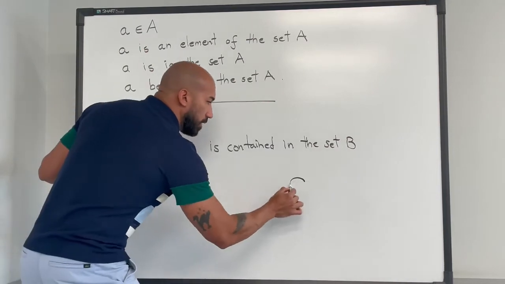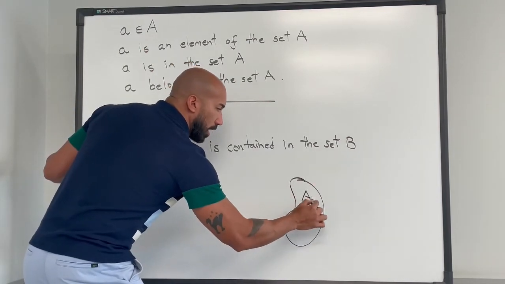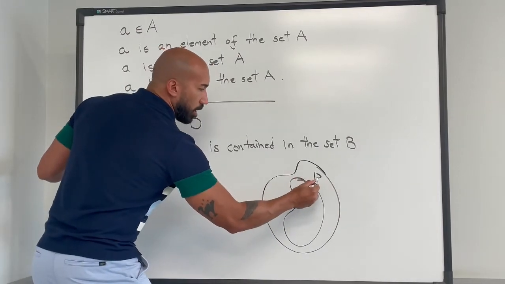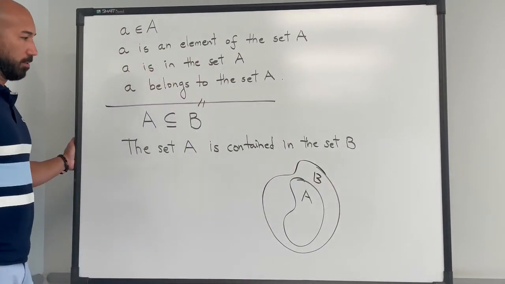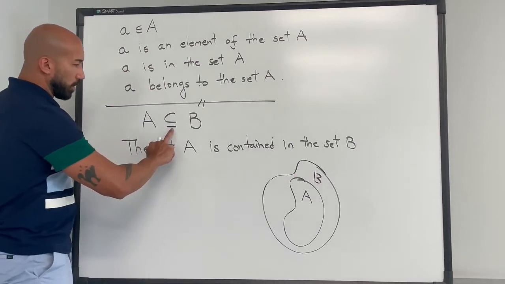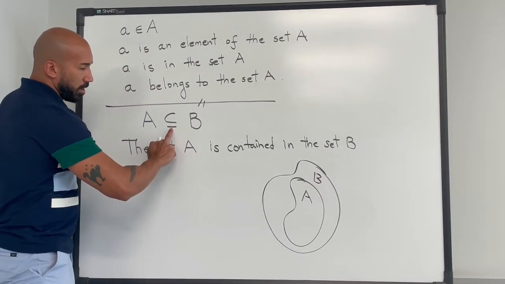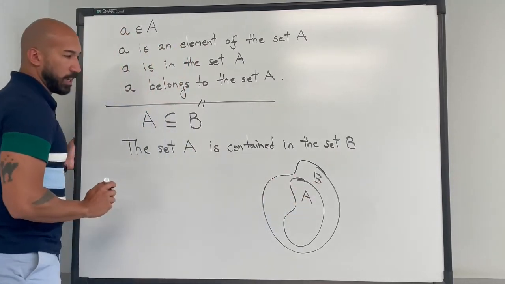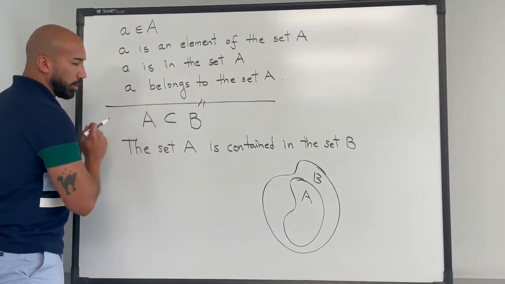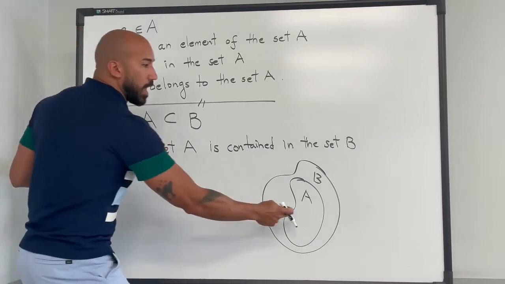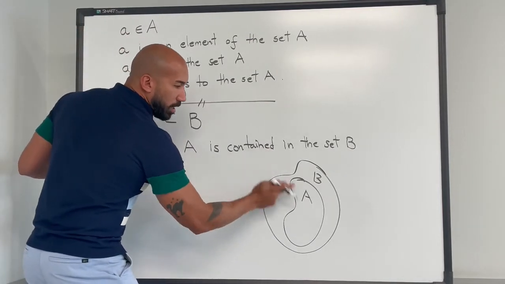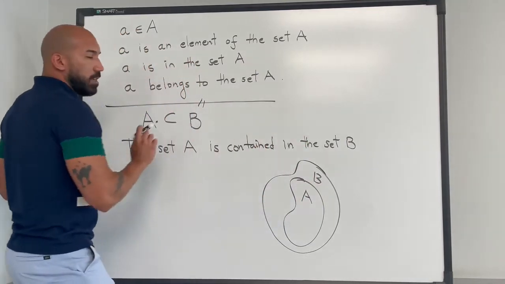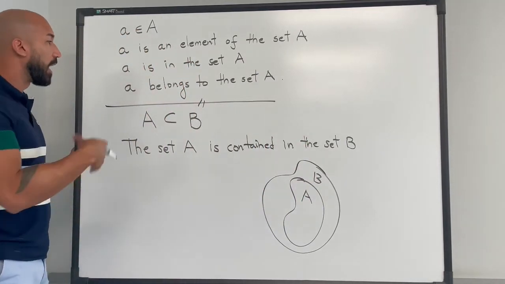Which means that if this is the set A, these are all elements in the set A, then B contains every element in A. If we use this little bar here, we are including that possibility in which A and B are the same set. If we remove this little bar here, in that case we say that A is contained in B, is included in B, but B has some extra elements.